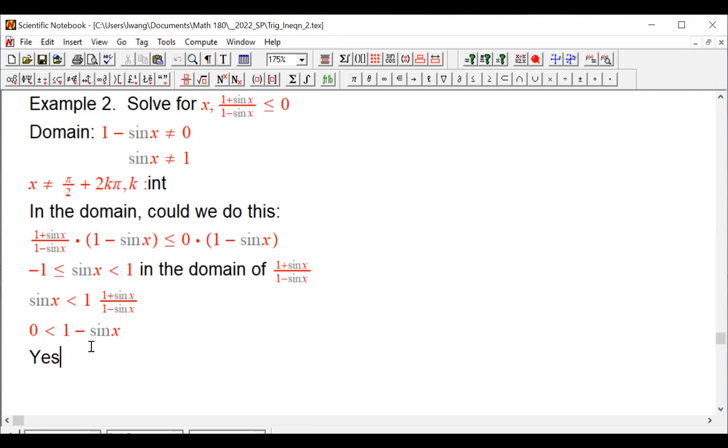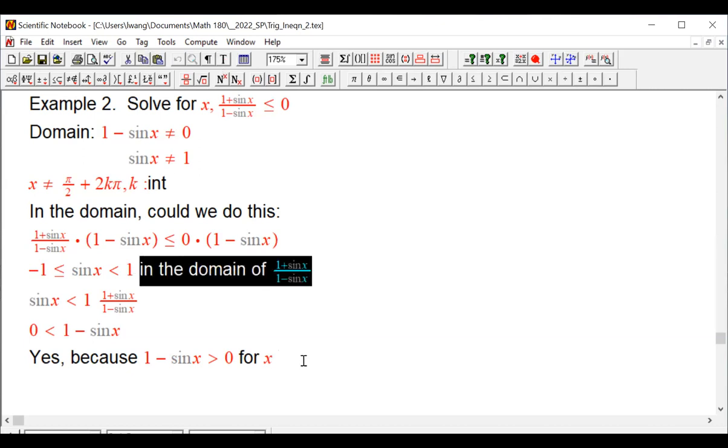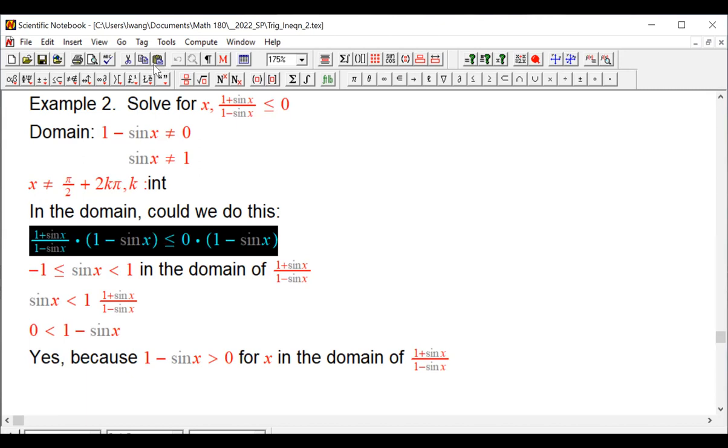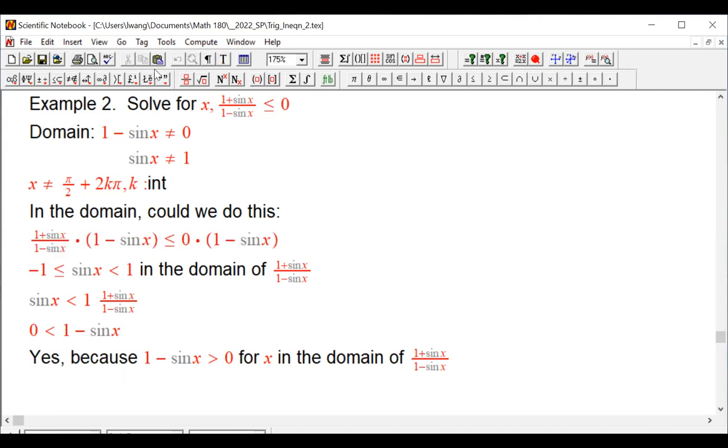So yes, because 1 minus sine x is positive for x in the domain of the function. Therefore, we can multiply that on both sides.